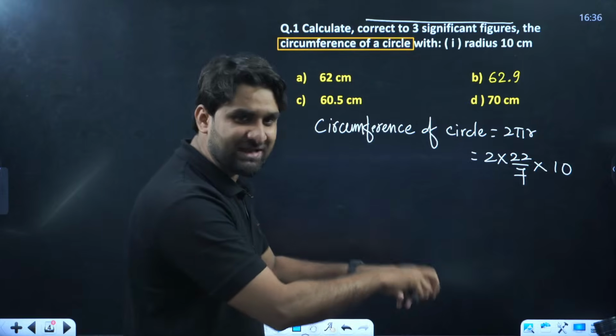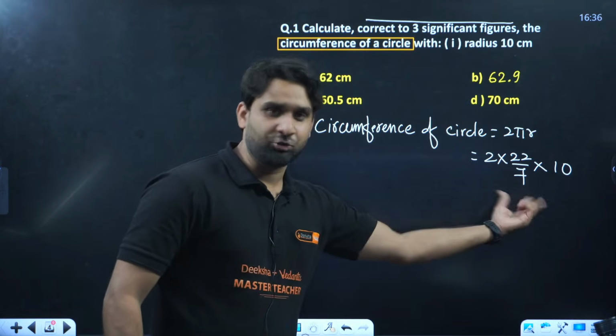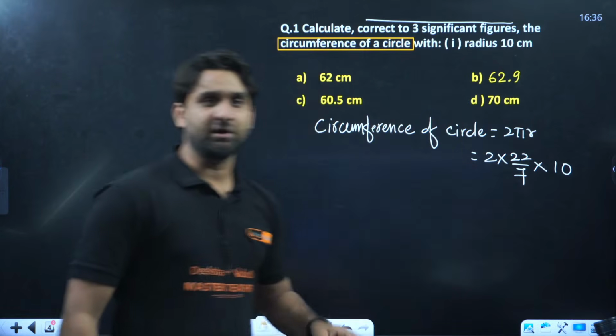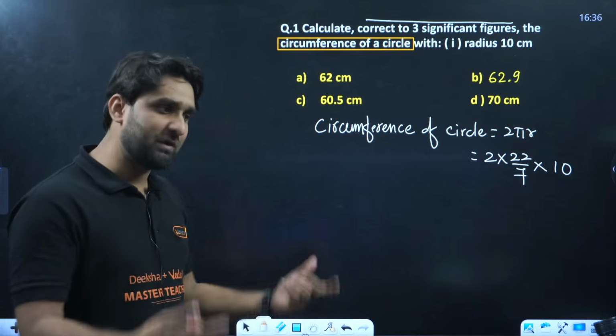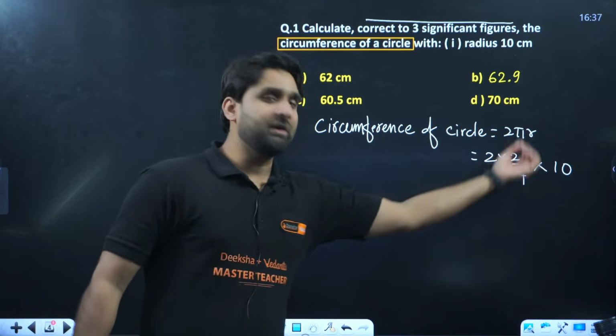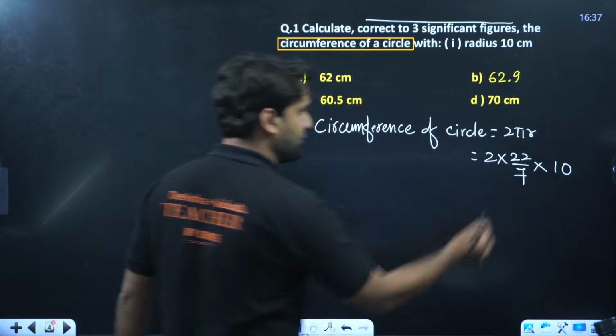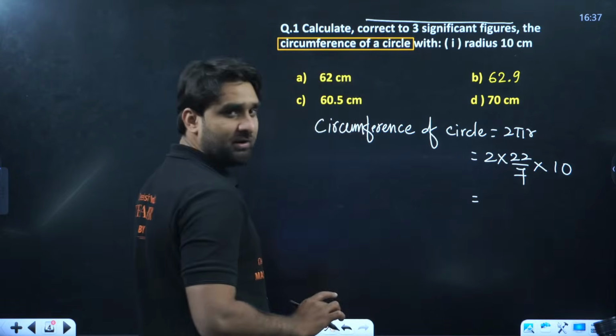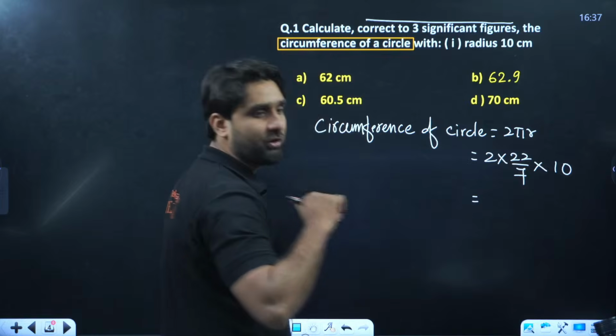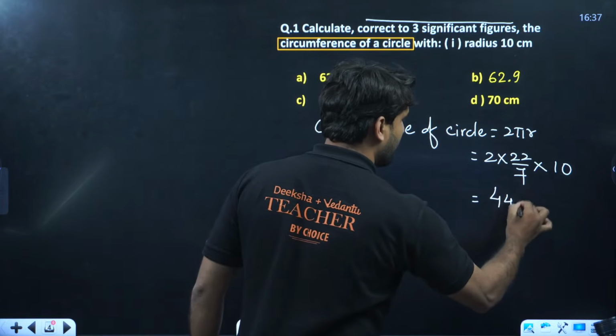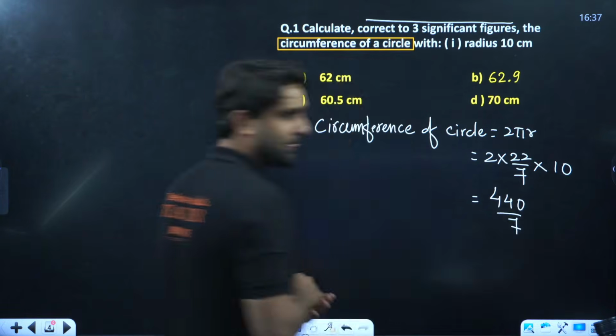No number is cancelling with another, because the denominator is 7 and the numerator numbers are all even, so we can't cancel. So 2 into 22 into 10: 22 into 2 is 44, and 44 into 10 is 440. So we have 440 divided by 7.